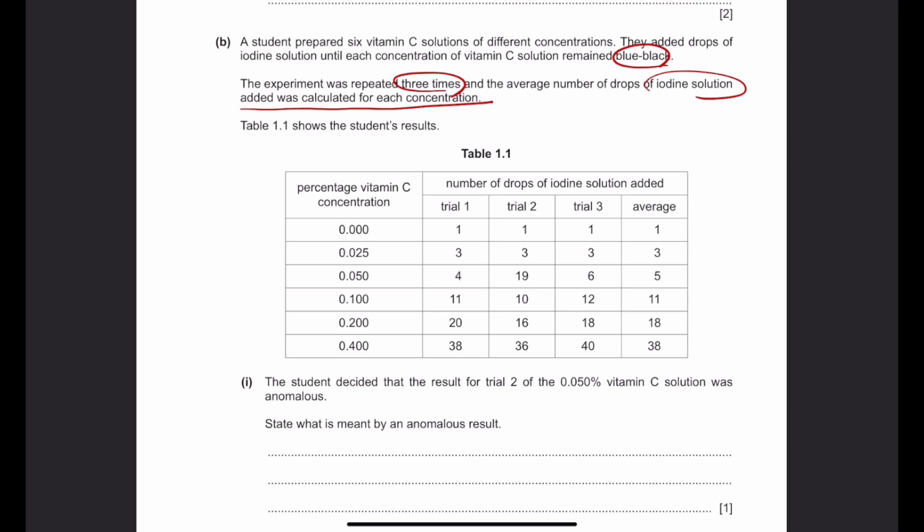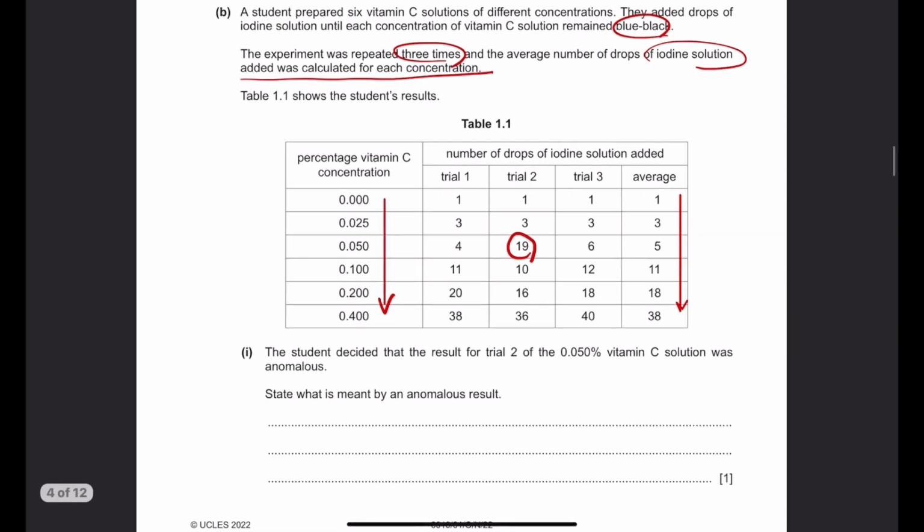Okay. By looking at the table, you can see that as the percentage vitamin C concentration gets increased, the average number of drops of iodine solution added also increases. However, I can see an anomaly here in trial 2.